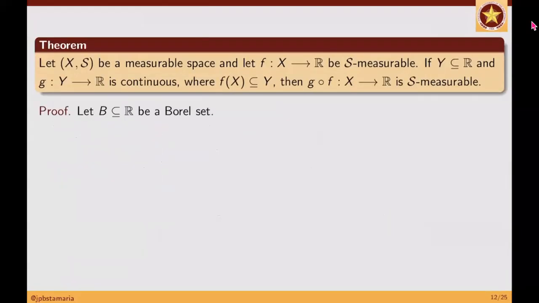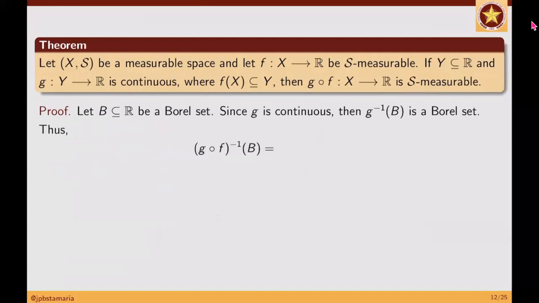This is the reason. Pag kumuha kasi ng Borel set, kahit na dahil si G ay continuous, ang inverse image ng B ay Borel din. Bakit? Ang inverse image kasi ng mga open sets ay open. Ang mga Borel sets, binubuo lang naman ng mga open sets.